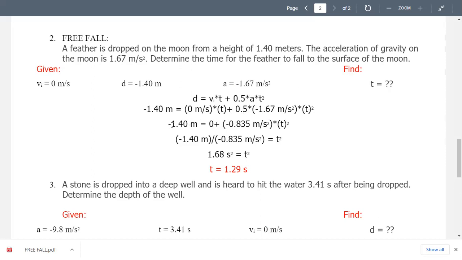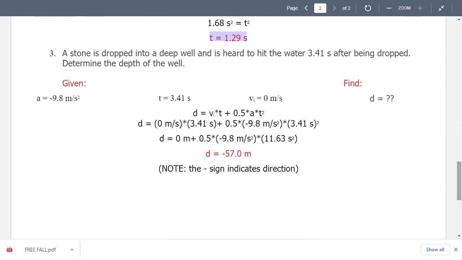Simplifying the whole term, we get your time, that is 1.29 seconds. So it took 1.29 seconds for the feather to drop to the ground of the moon from 1.40 meters elevation.